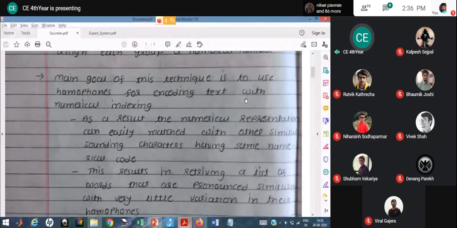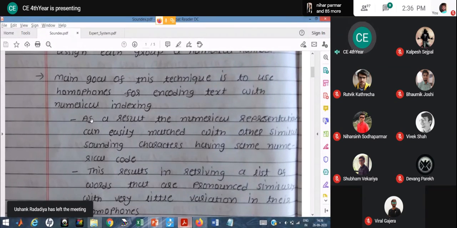Whatever text is given, it is encoded with the numerical indexing, and as a result, the numerical representation can easily match with other similar sounding characters having the same numerical code.